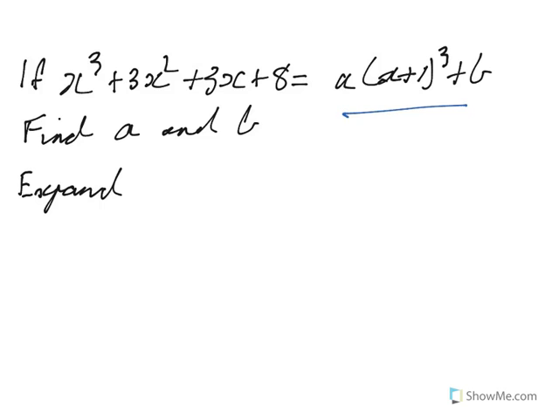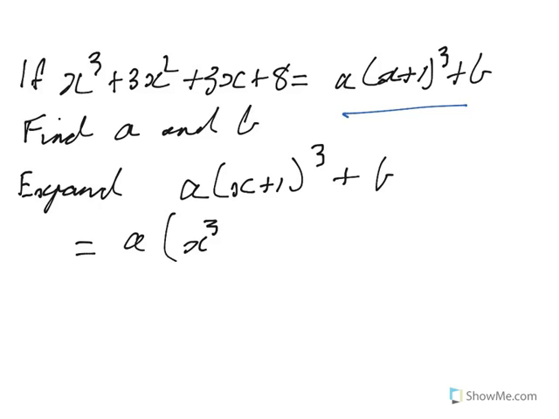Because the one on the right is not expanded, we need to expand it. So when we expand that, it's a times, and if you do this one here, you'll get x cubed plus 3x squared plus 3x plus 1. You can do that by hand, or you can do it on your calculator, expand.